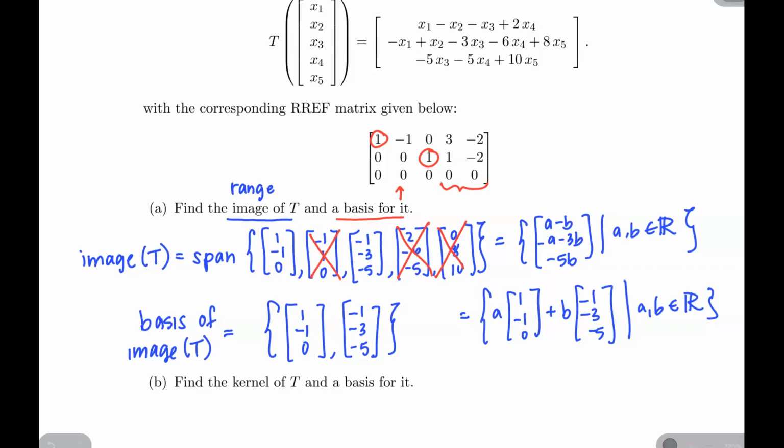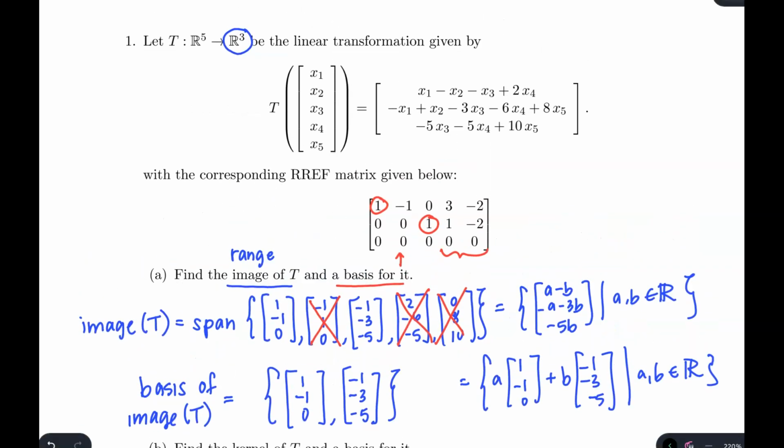I do think the span notation is the cleanest considering how we find our image typically, by using these pivot columns. But again, if we just think about image as range and we come back up and look at what we're talking about with R3, I think we won't make as many mistakes as I was seeing on the quizzes, because a lot of students had something with a 5 element vector, a 5 by 1 column vector, which is no bueno.